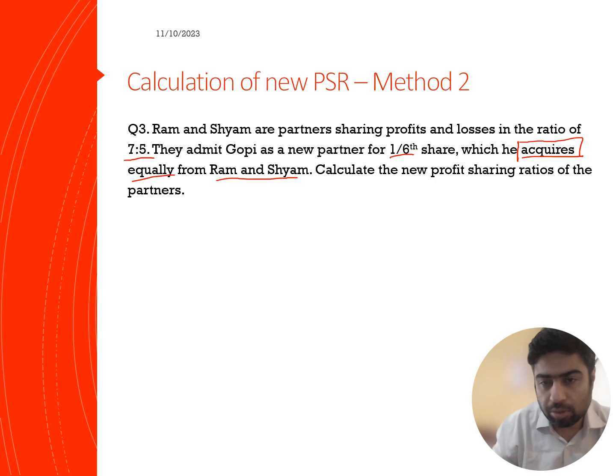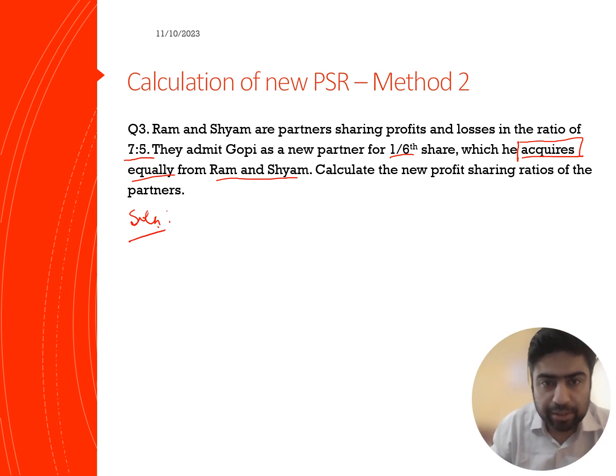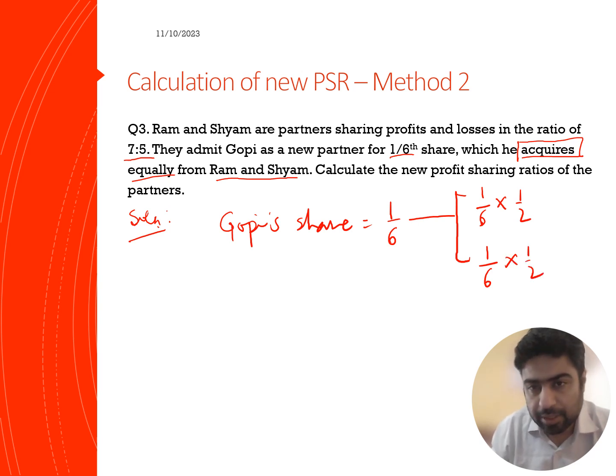So now how do we go about it? First and foremost, what we need to really understand is that Gopi's share is equal to 1/6 and he has acquired this share equally from Ram and Shyam, which means that he has acquired 1/2 of 1/6 from Ram and 1/2 of 1/6 from Shyam.